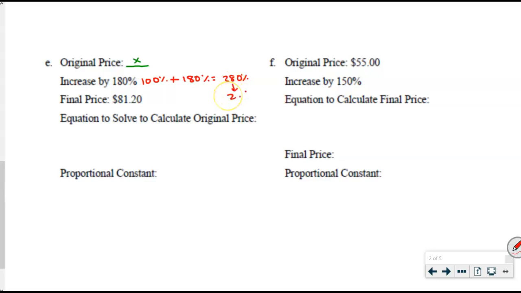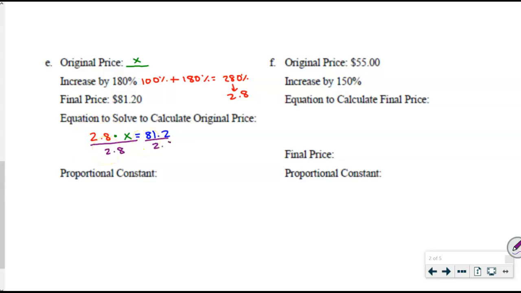That means I'm going to be calculating with the decimal 2.8 or 2.80. So what am I doing? That's 280% of the original, or 2.8 times the original price x, which we do not know, but it does give us the new, or the final price, of 81.2. Then we are going to solve this equation where we divide each side by that 2.8.